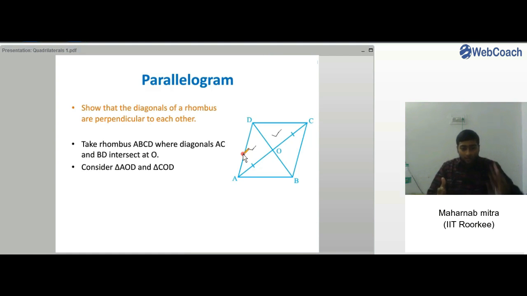And here, to prove that a rhombus has perpendicular diagonals, we are taking two adjacent triangles, and you will know why we are taking such things. Let us consider the two triangles AOD and COD, two adjacent triangles which are lying on the same straight line AC.